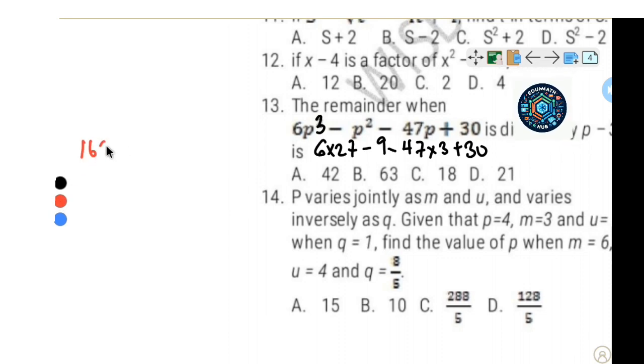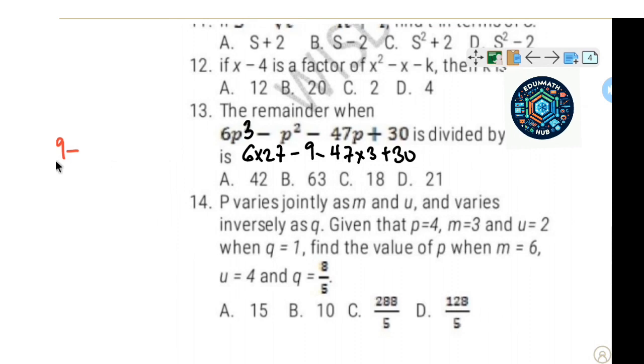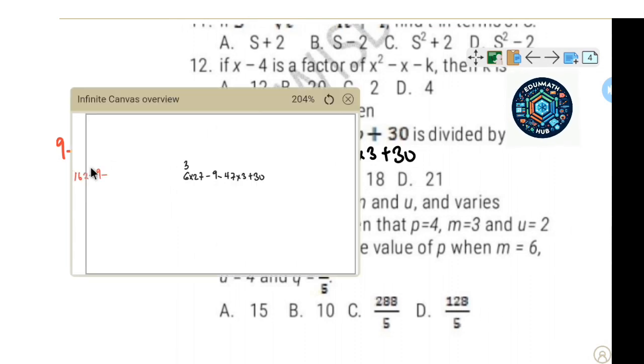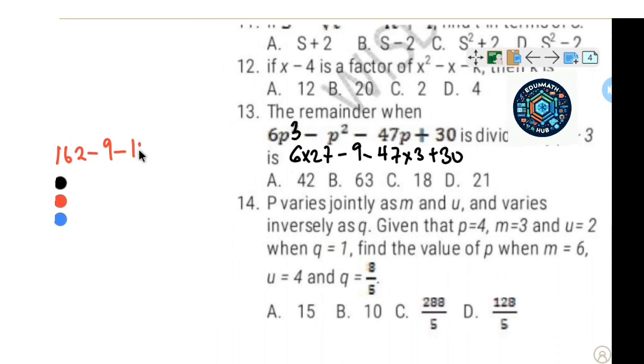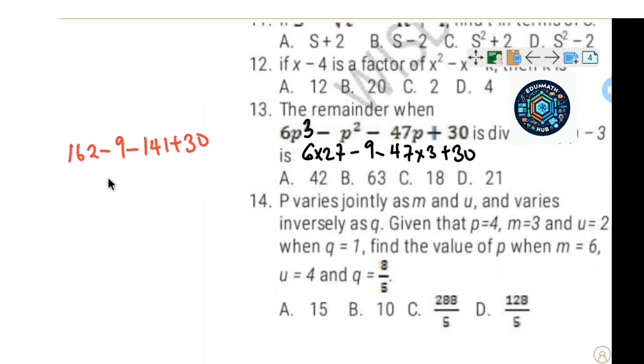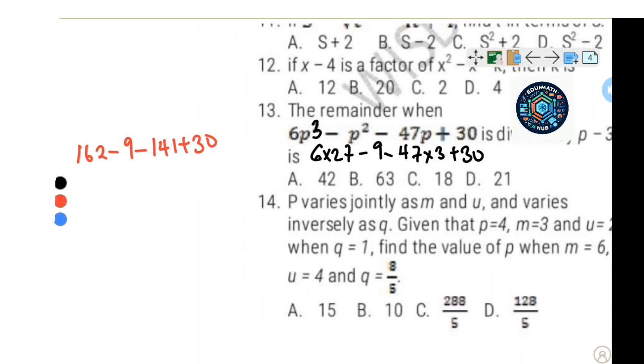So 162 minus 9. 47 times 3 will give us 141. So 141, then plus 30. Then use your calculator. If you press that, that will give you 42. So 42 is the remainder. So move to the options and shade 42.